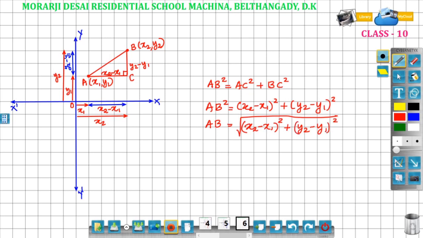This is known as the distance formula. By using this formula, we can find the distance between any 2 points x1, y1 and x2, y2.